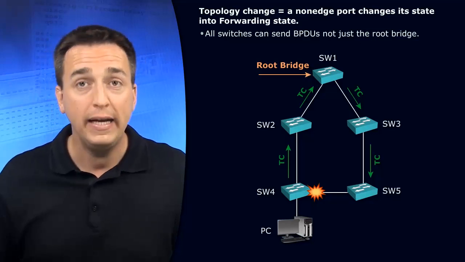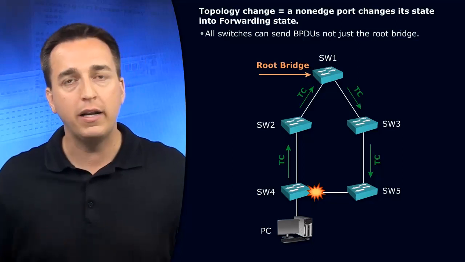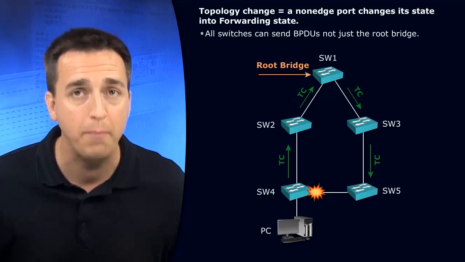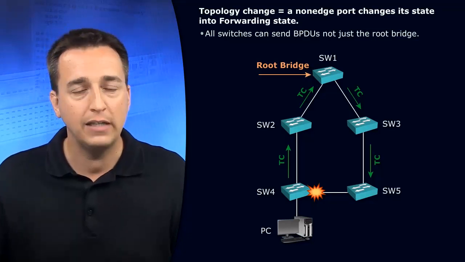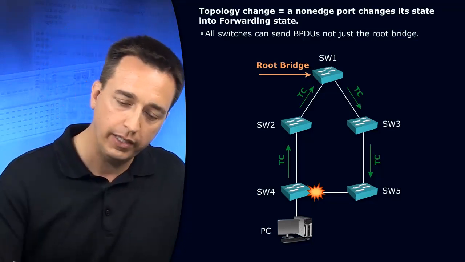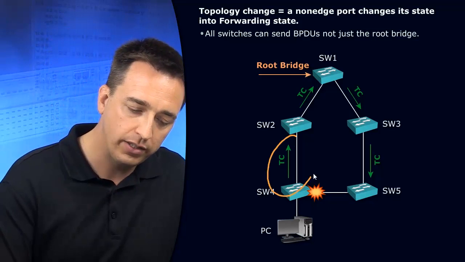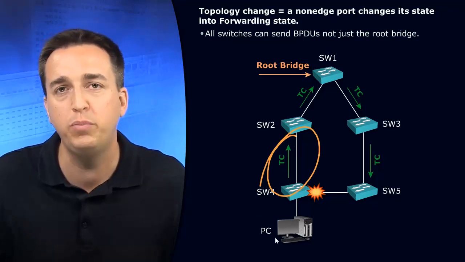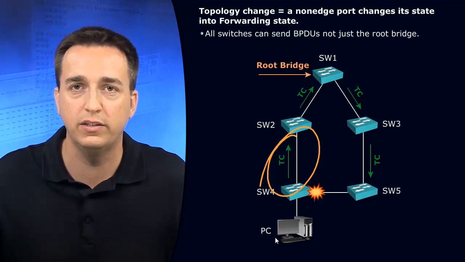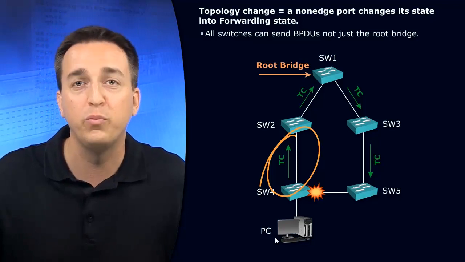But one of the big items which makes Rapid Spanning Tree Protocol faster is the ability to generate topology change BPDUs regardless of whether you're the root bridge or not.